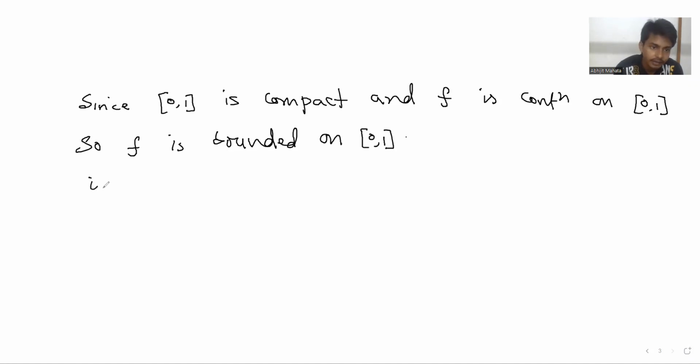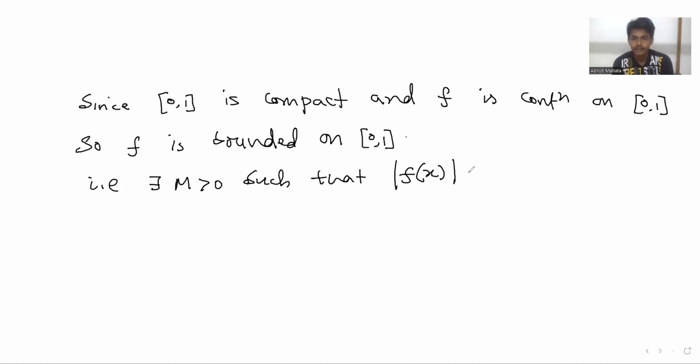That is, there exists M greater than 0 such that the absolute value of f(x) is less than or equal to M for all x belonging to [0, 1]. This is very important here. We will use this.